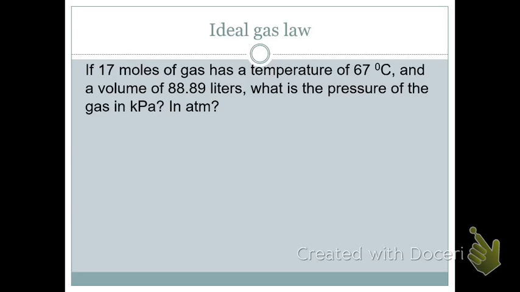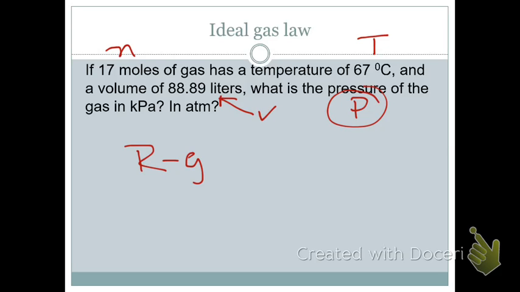So I have my moles, my temperature, and my volume, and I'm looking for my pressure. The R value will be given to me. So what do I need to fix? I do need to fix my temperature.